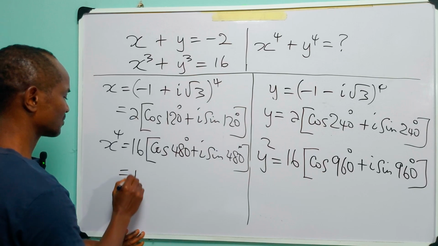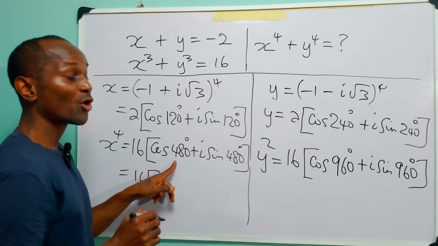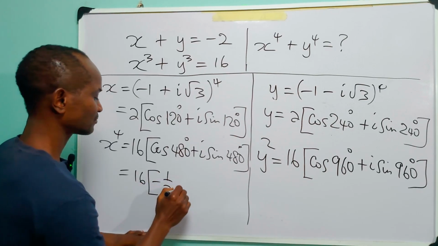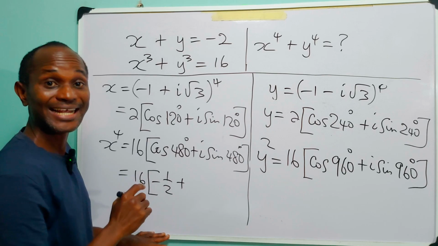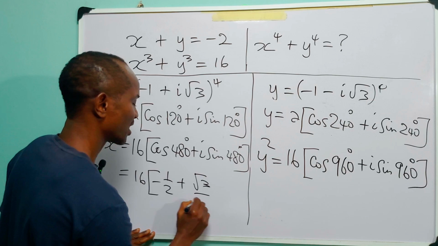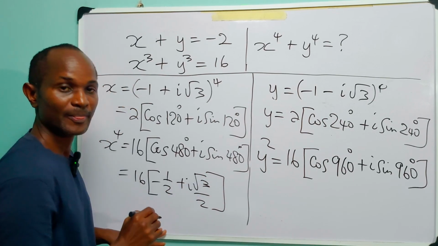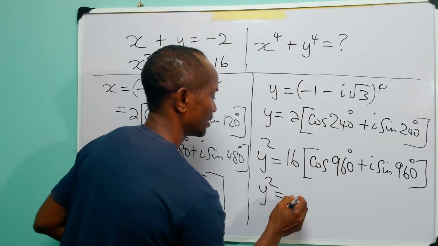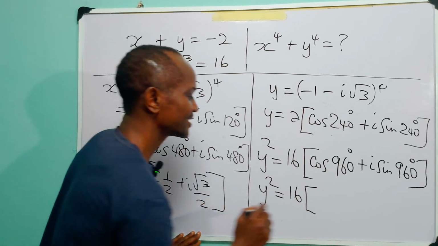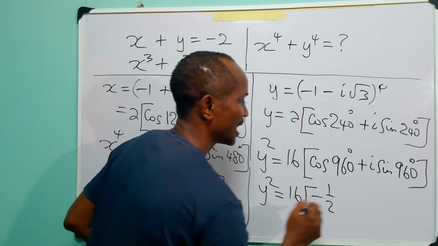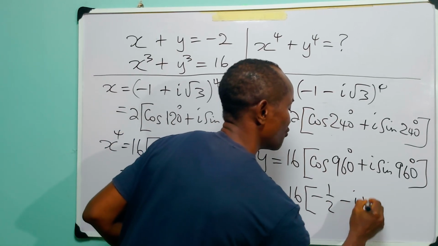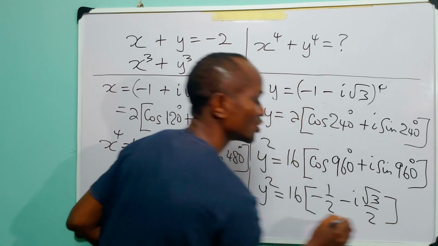So here we have that this is equal to 16 into cos 480, which is minus half, plus sine 480, which is root 3 over 2. And in this case, we have 16 into cos 960, which is still minus half, and sine 960 is minus root 3 over 2.